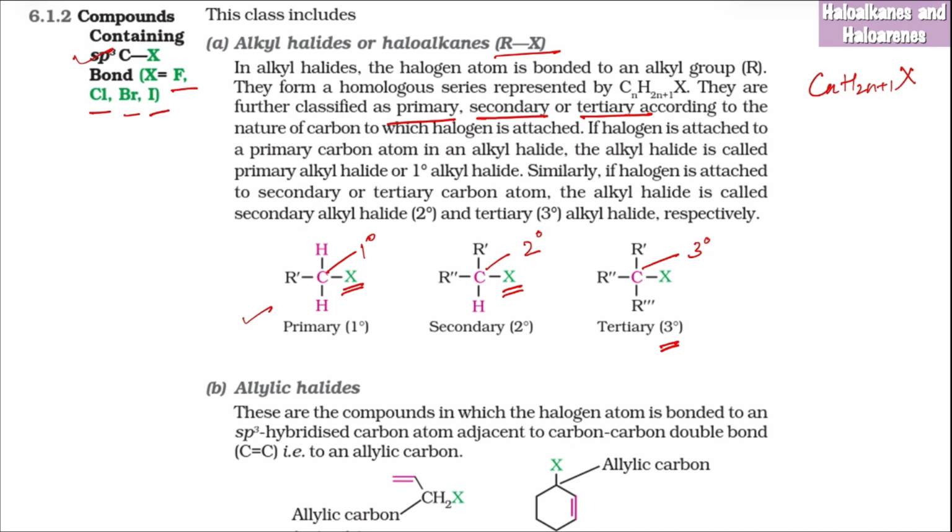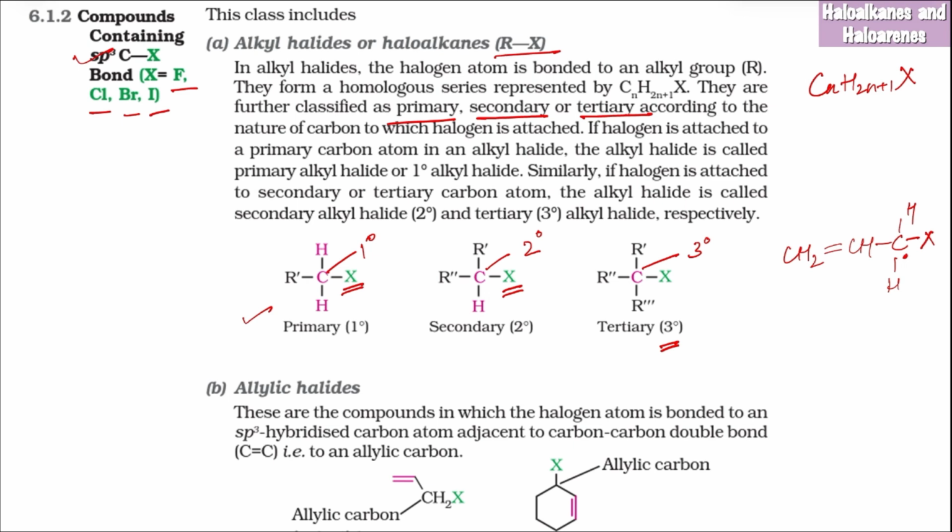Next is allylic halide. First of all, what is allylic carbon? Suppose CH2 double bond CH, CH2, H and here the halogen atom. Consider the carbon which is bonded to the halogen atom.